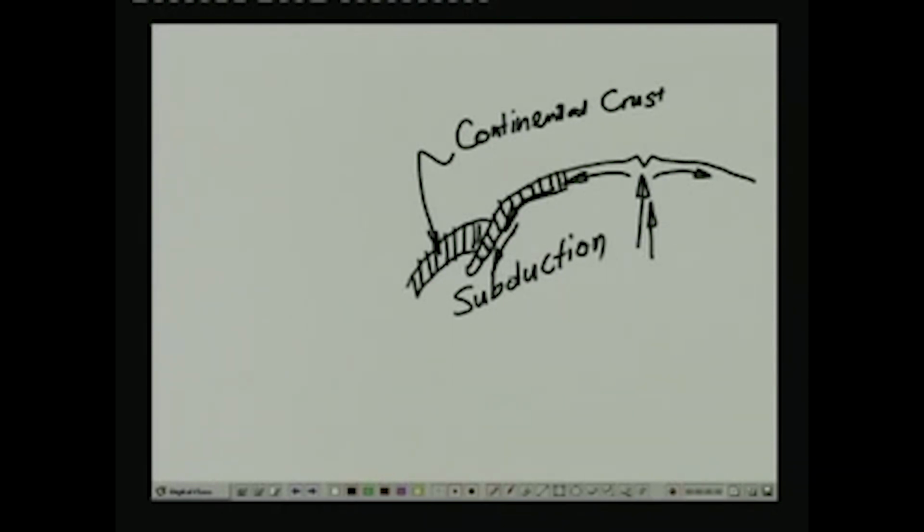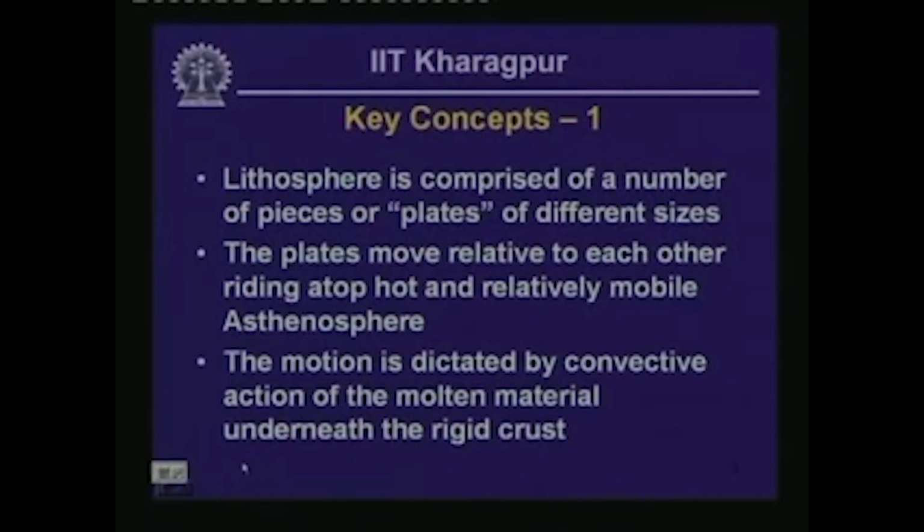So that actually gives a complete picture, because now we know where the young sea floor is heading, and how the young sea floor is being consumed underneath the continental or interplate boundaries. Okay, so this we have already covered.